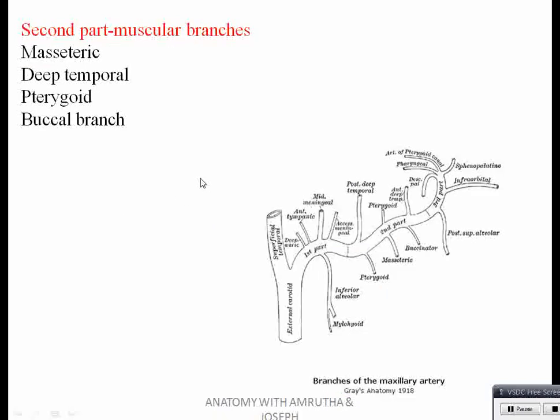Second part, all are muscular branches. It supplies the muscles. The second part is this area. Masseteric branches supply the masseter muscle. Deep temporal branches supply the temporalis muscle. Pterygoid branches supply the pterygoid muscles, lateral pterygoid and medial pterygoid.